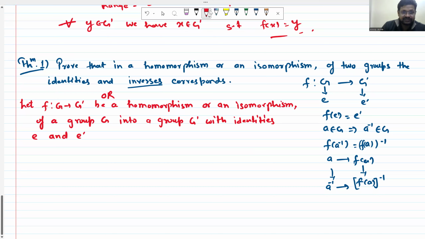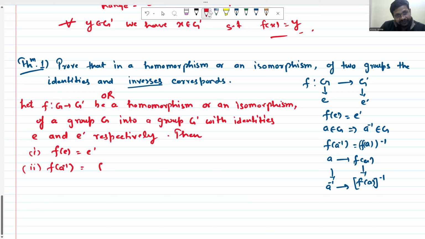I'm just saying the identity of G is E and the identity of G dash is E dash, respectively. Then we have to show that E is mapped to E dash, and another thing, the inverse of A is mapped to F of A whole inverse for all A in G. So let's prove one by one.